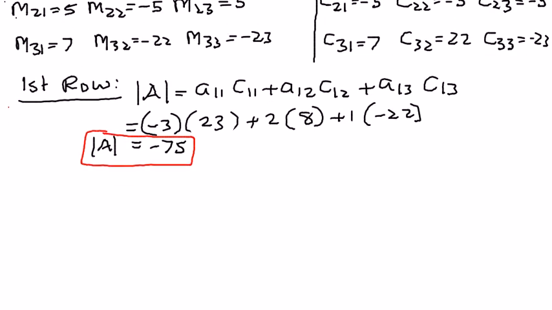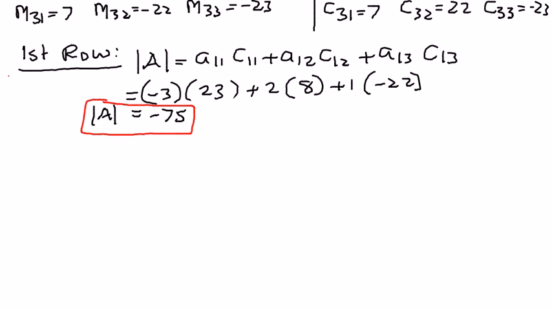Now, what we want to do now is, what if we were to expand it by some other row? Let's say that other row be the second row this time. If we were to expand by the second row, will we get the same value for the determinant, or will we get a different value? Let us see.